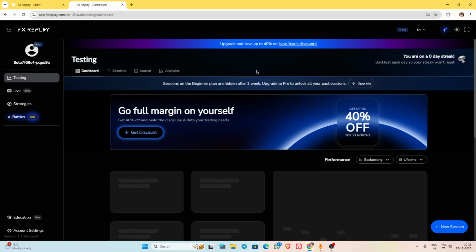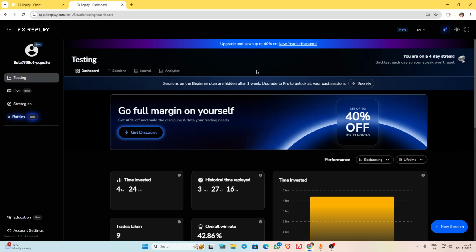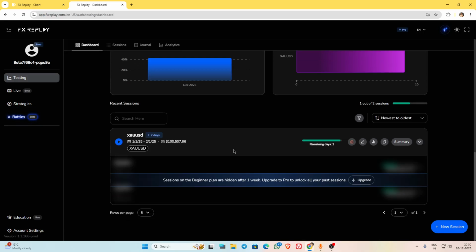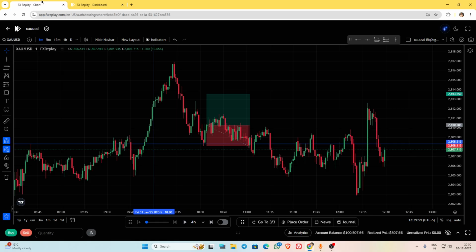We cannot use that data to know how much we made or what our win rate was. At this time the overall win rate is 42%, which is not right because we have not taken a few trades and also a few stop losses. So we will go one by one.